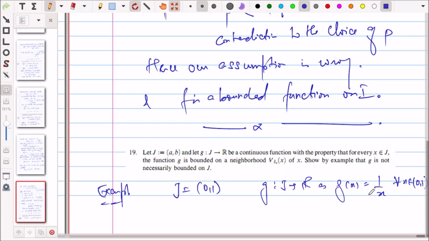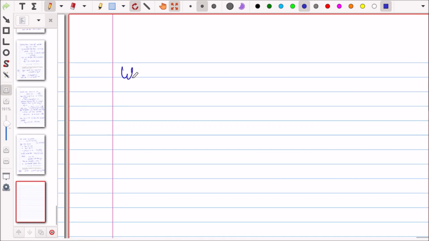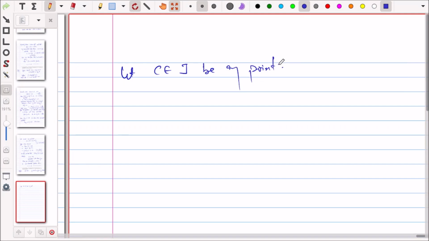Now this function is bounded in every neighborhood of x. Let us show that g is bounded in every neighborhood. Let C belong to J be any point. We have to show that there exists some neighborhood.